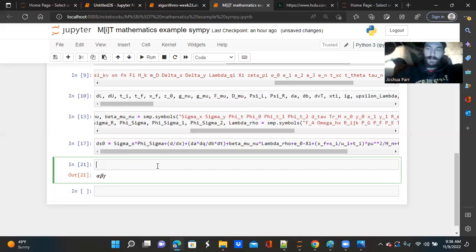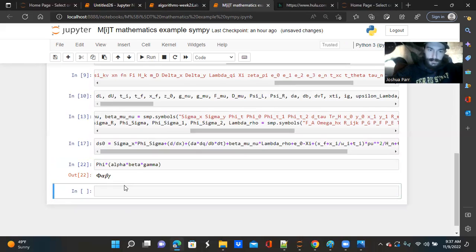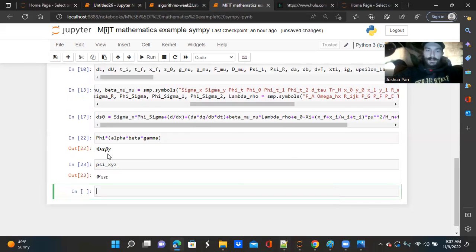And I'm using phi differently than you're used to seeing phi. So this is the virtual coordinate system in the complex vector space.